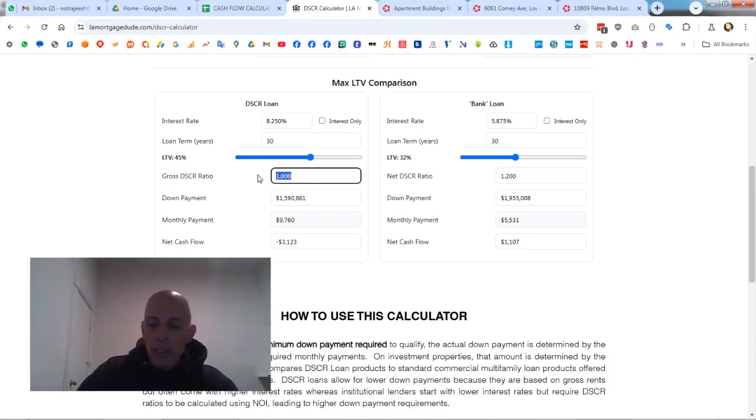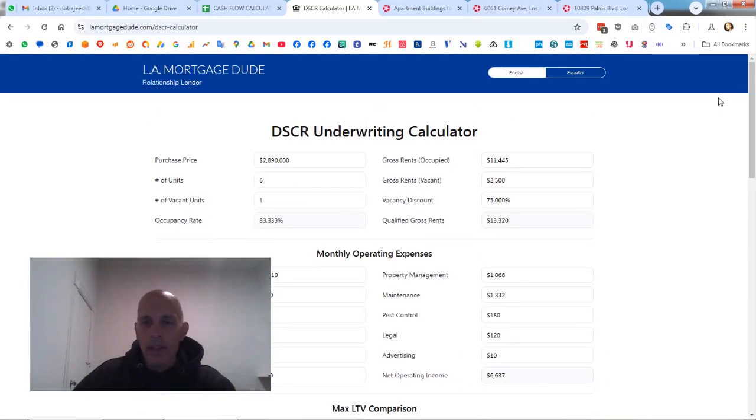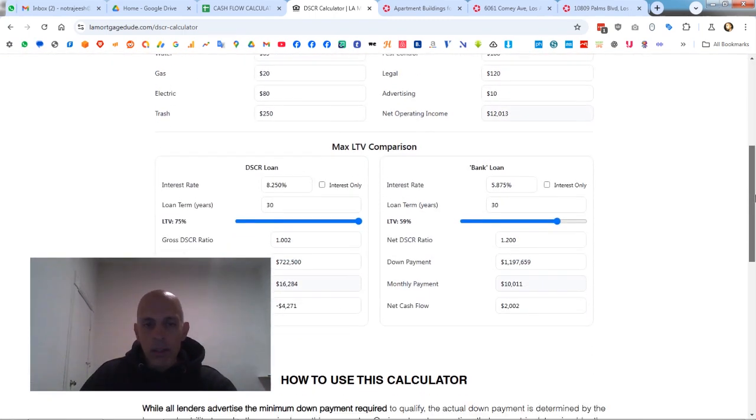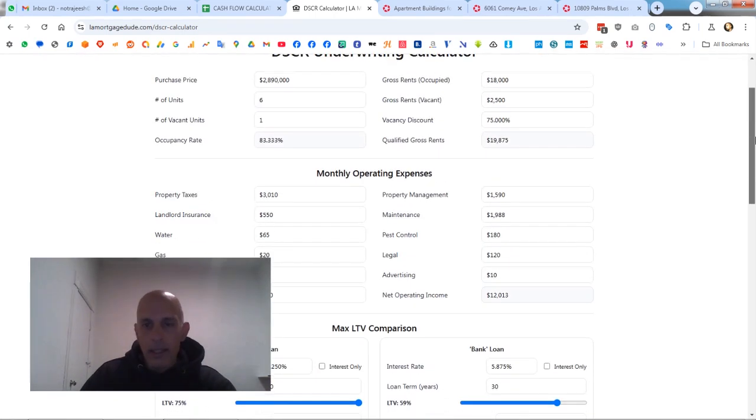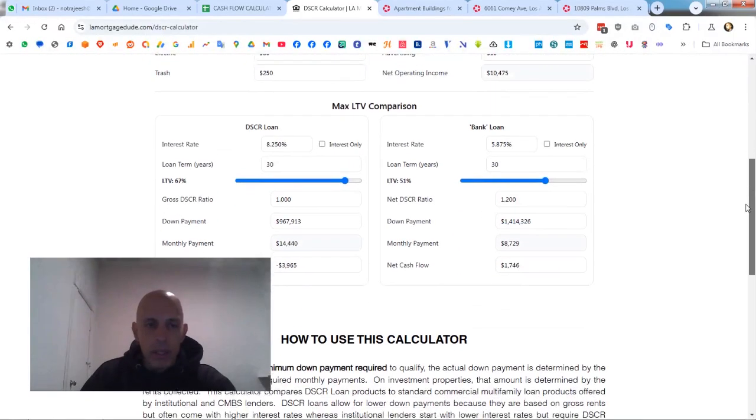Now, however, let's say you get a higher DSCR ratio. Let's imagine, for example, that this was not $13,000. Let's say the gross rents were $18,000 a month.